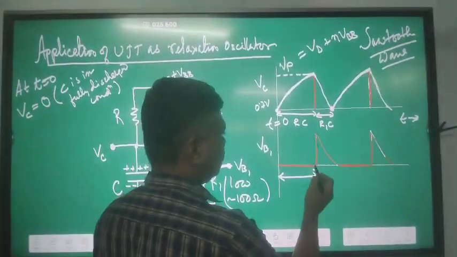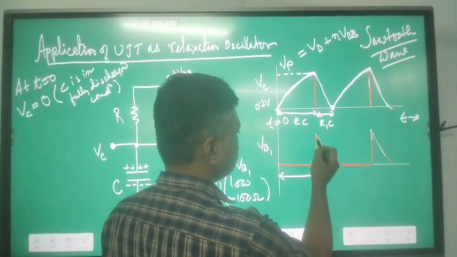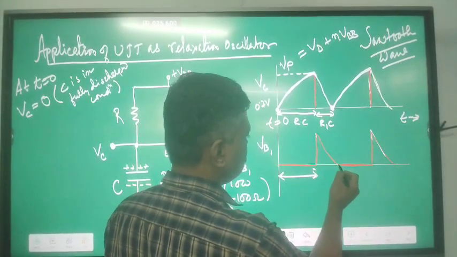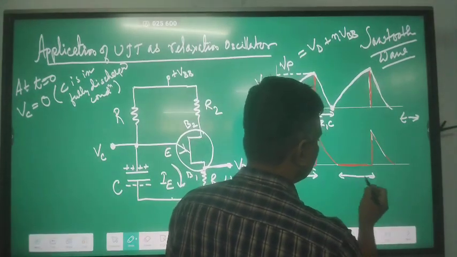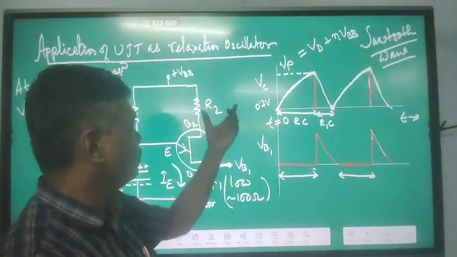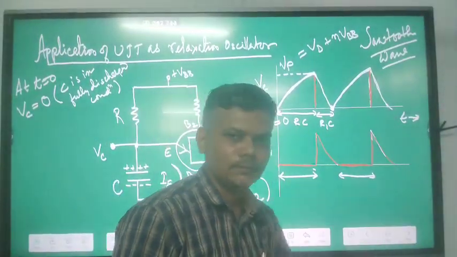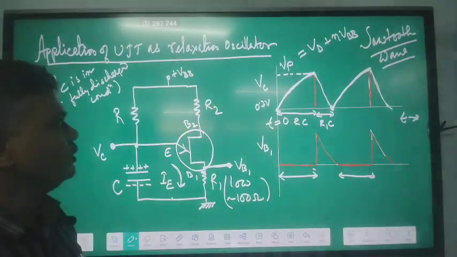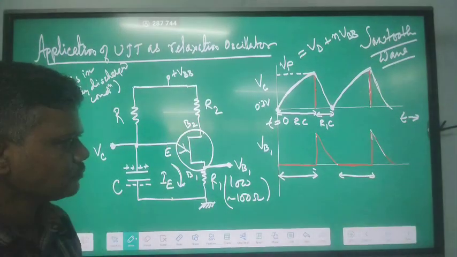After that, it starts doing its work. UJT starts doing its work. It's going up, again it is going down. So again it is relaxed here, from here to here. So as the oscillator is relaxed after a certain interval of time, we call it a relaxation oscillator.